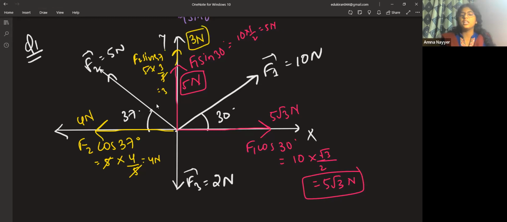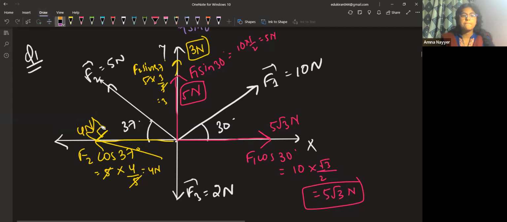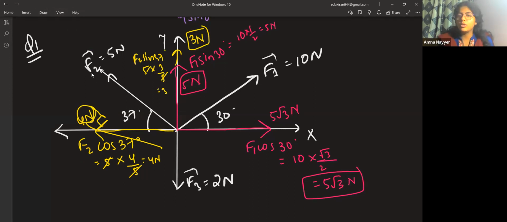So one force we are having as 4 Newton, the other force we are having as 3 Newton.